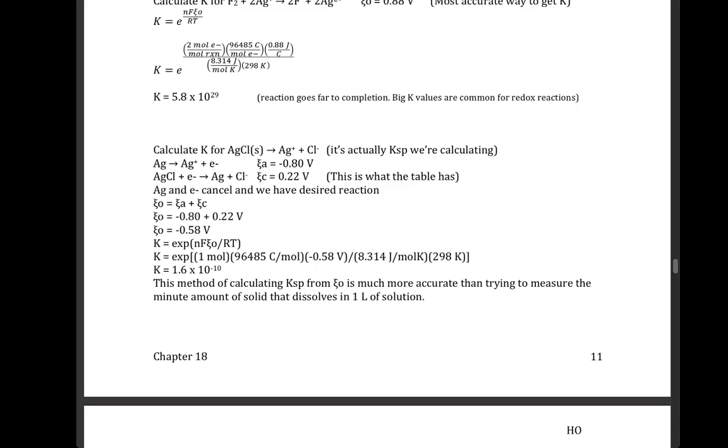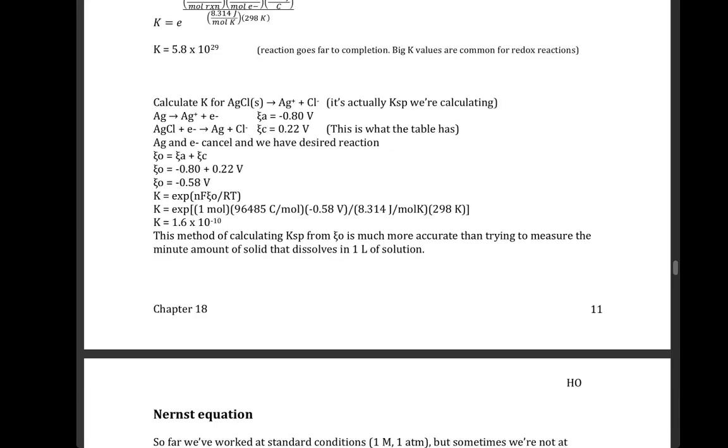Alrighty, here's another problem. Calculate K for AgCl solid forming Ag+ and Cl minus. This is actually Ksp we're calculating. So I will let you do this problem by yourself. When you're done with this video, go back and do that problem, covering up the solution.